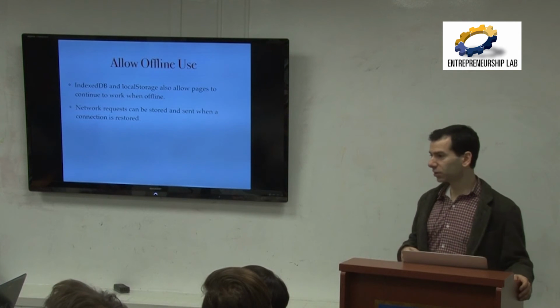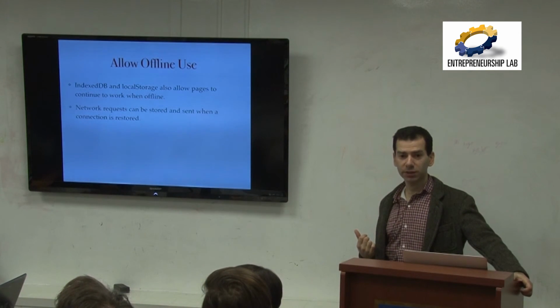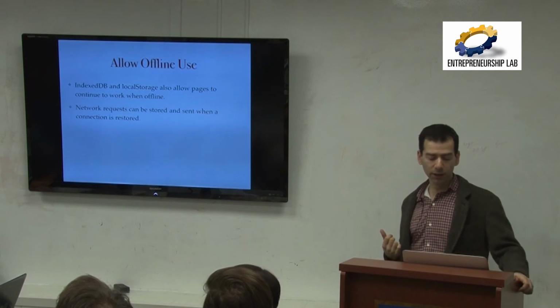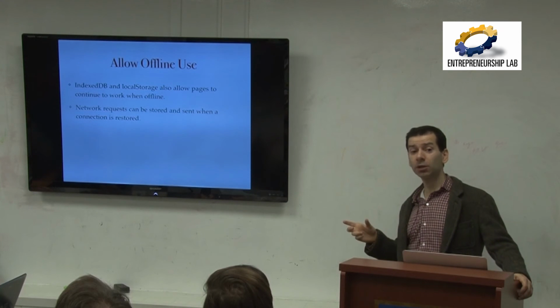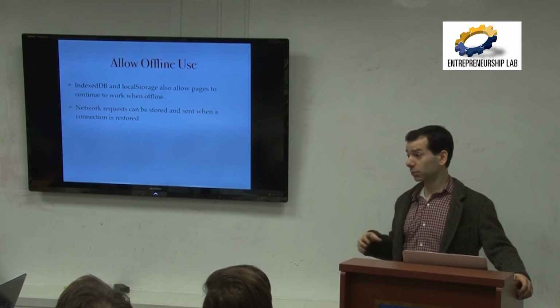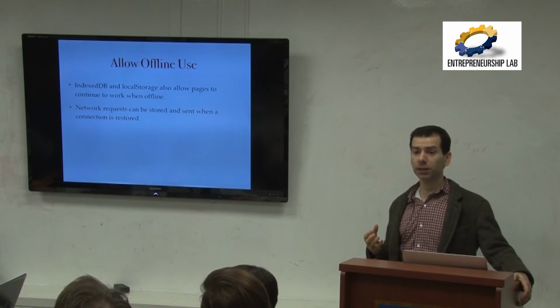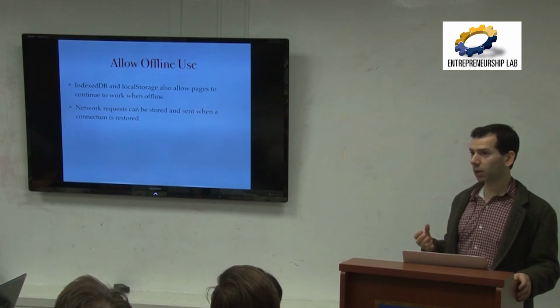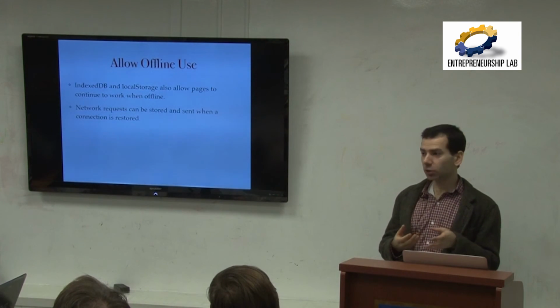Another advantage of this approach is that it enables offline use. There's a new feature in HTML called service workers that basically allows you to intercept network calls and act as a proxy for network calls in a JavaScript app. So what you can do now is, when the app asks for a network object, you know you're offline, but you don't have to tell the app that.